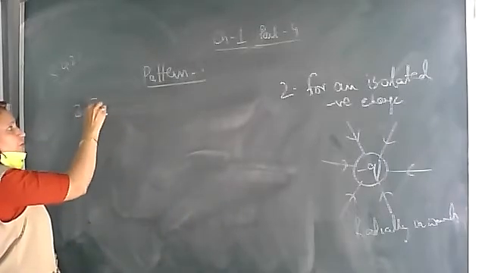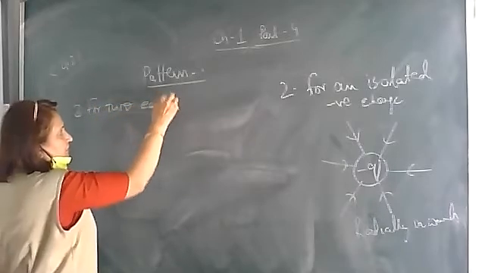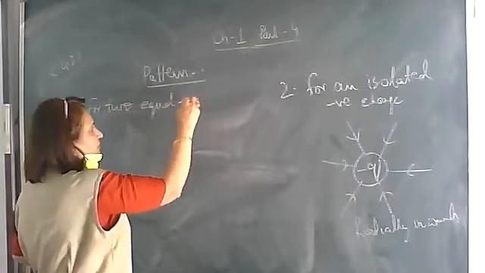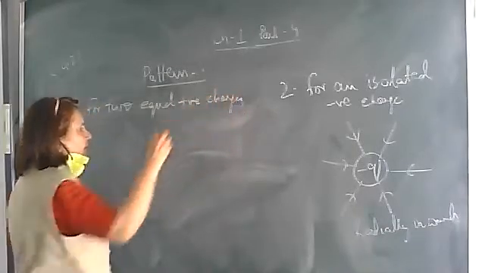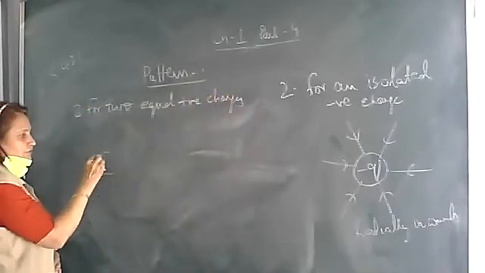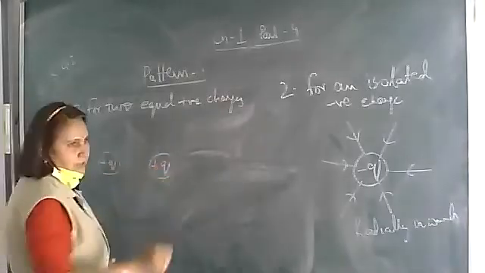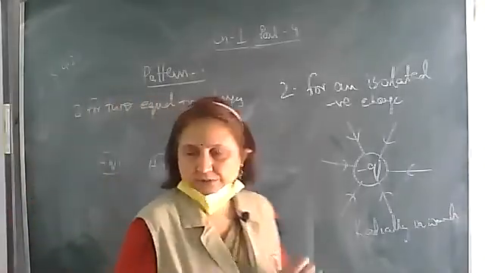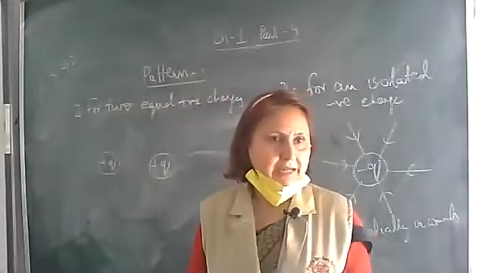Next, we'll draw for two equal positive charges. Equal means equal in magnitude. So if one is plus Q, the other is also plus Q. Equal and similar charges, that is, both are positive and both have the same magnitude.